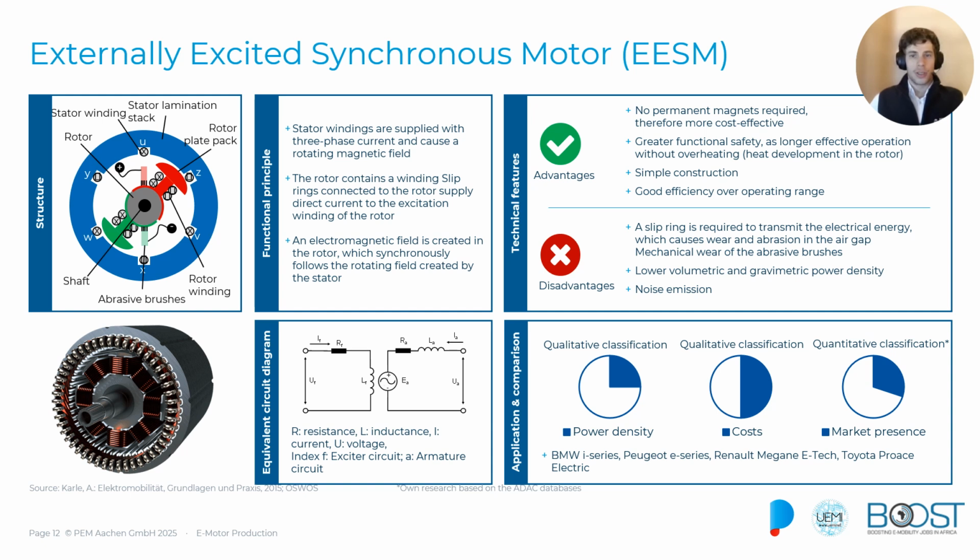The biggest disadvantage is that a slip ring is required to transmit the electrical energy to the rotor, which causes wear and abrasion in the air gap and mechanical wear of the abrasive brushes.